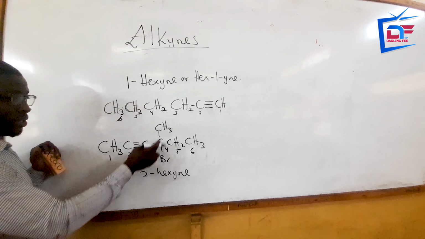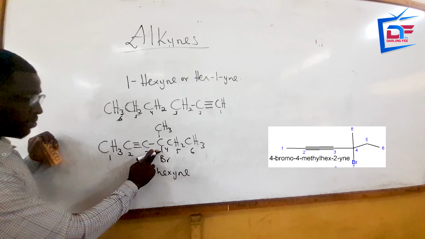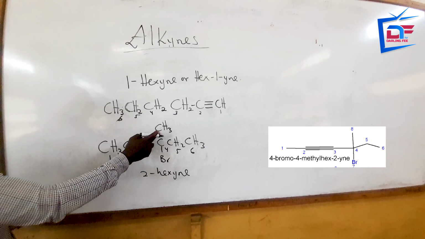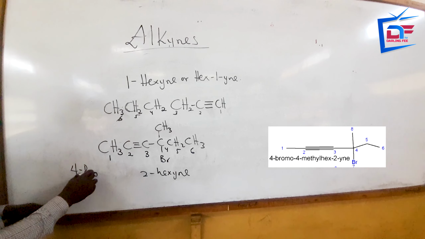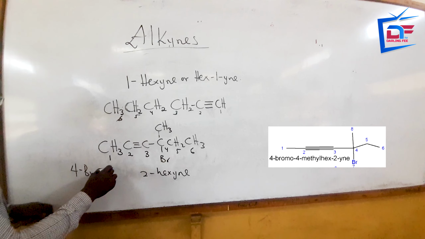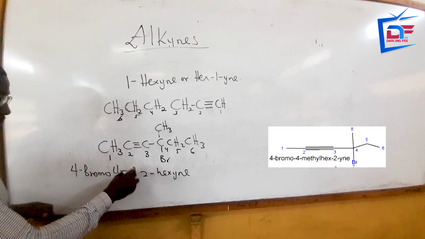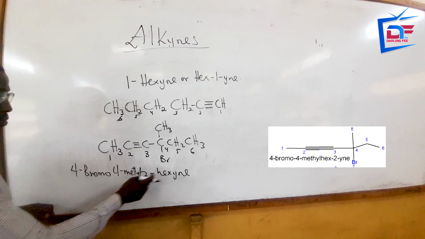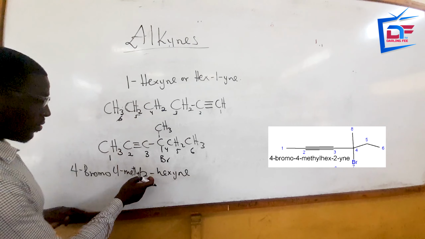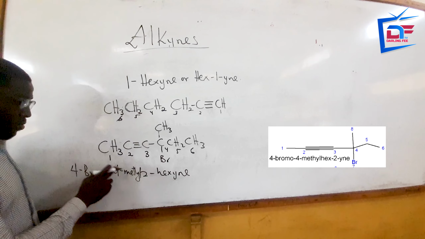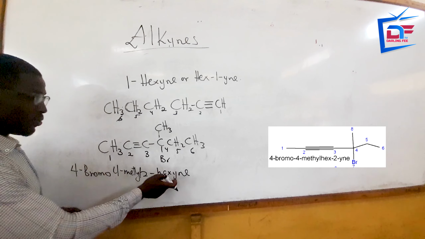But what about the position of the substituent? B comes before M, so that is going to be 4-bromo-4-methyl-2-hexyne. We can say 4-bromo-4-methylhex-2-yne.